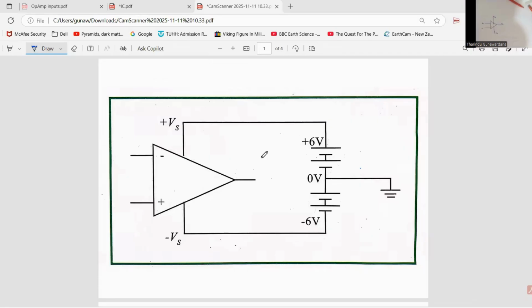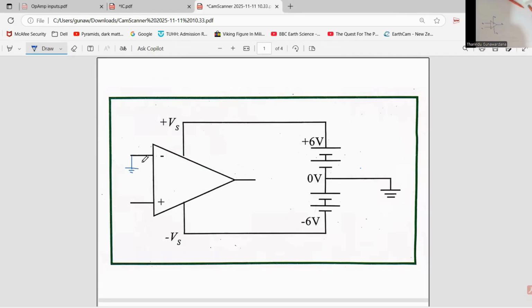Right, children. Let's say this op-amp is properly powered up. Now let's say this negative input is grounded. If we provide an input signal to this positive input, then the output is definitely going to be an amplified one.